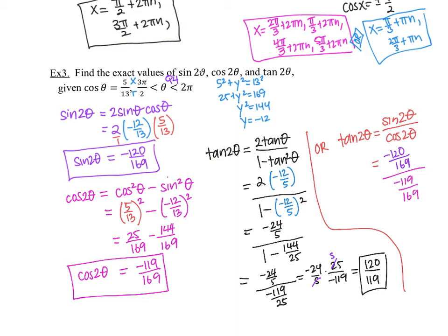The 169s cancel, the negatives cancel, and I still get 120 over 119. So if you happen to have already calculated the sine of 2 theta and the cosine of 2 theta, I would use those to calculate the tangent rather than using the formula.